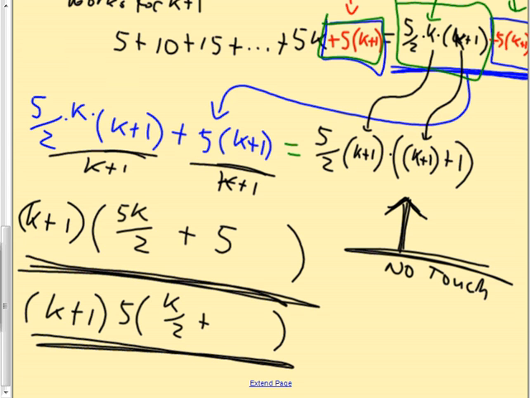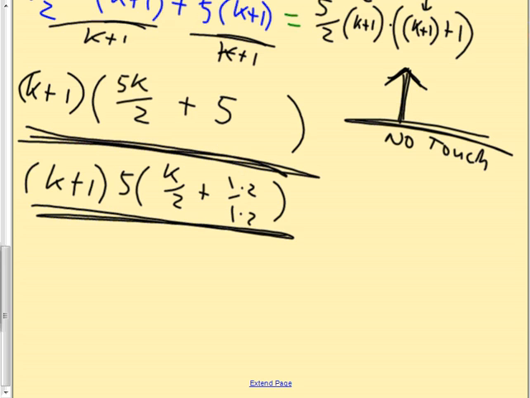Okay, so he just said I could take this 1 that was here, and I could replace it with what? 2 over 2 is the same thing as 1, isn't it? Basically, aren't we just getting a common denominator? It was 1 over 1. That's what 1 is. And then to get a common denominator so I can actually add those together. It involves common denominators. That's awesome. So now I'm going to make this a little simpler here.